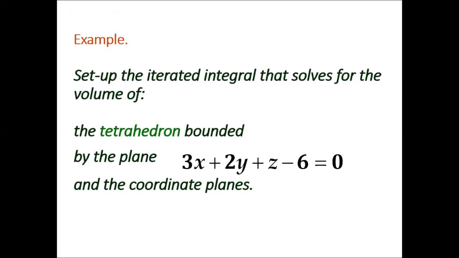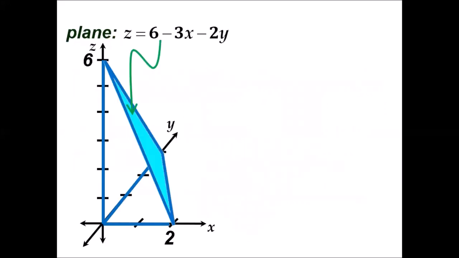The first thing to do is to see how the graph of this equation looks like. Luckily, in this example, it is easy to graph this equation by just considering the intercepts of the plane, which are the triple-ordered pairs (0, 0, 6), (0, 3, 0), and (2, 0, 0). Now, how do we get dA and h of x y?